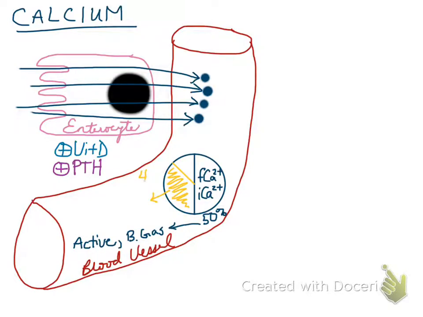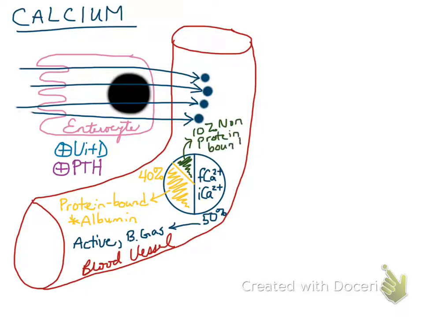The other fraction of calcium is the protein-bound fraction, and about 40% makes up this component. And the majority of the protein-bound fraction is bound to albumin, and that will come up later when we talk about causes of hypocalcemia. And then the smallest fraction is the 10% fraction, which is also bound, but it's not bound to proteins.